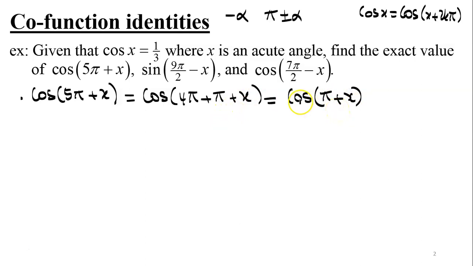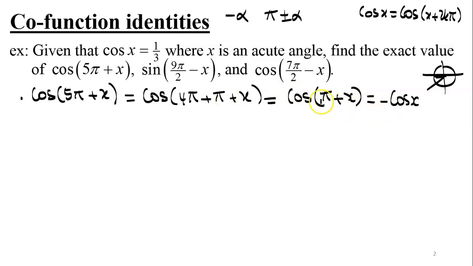So now we apply the symmetric formula for cosine with pi plus x. I need to locate the angle here in order to determine the correct sign. So we have pi plus x, that's in quadrant 3. In quadrant 3, cosine is negative, so that is negative cosine x. I remind you here that the pi is not really vanishing anywhere.